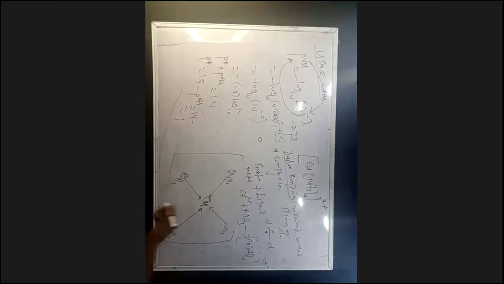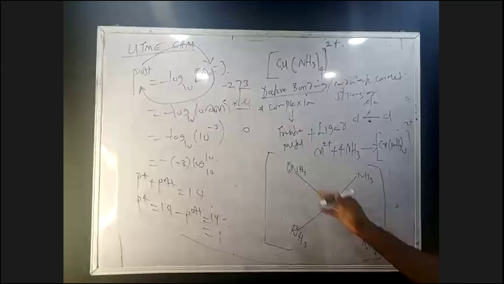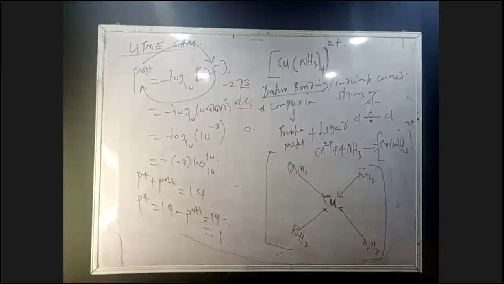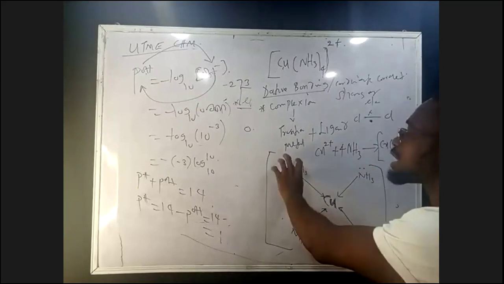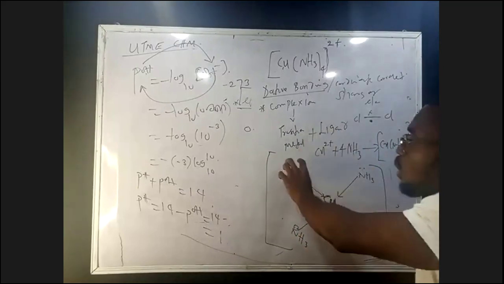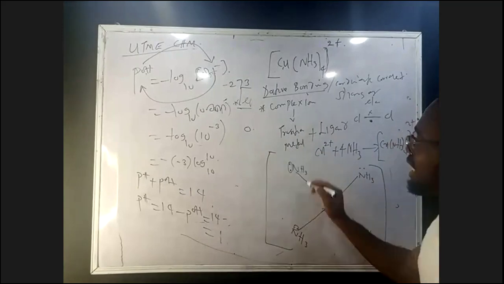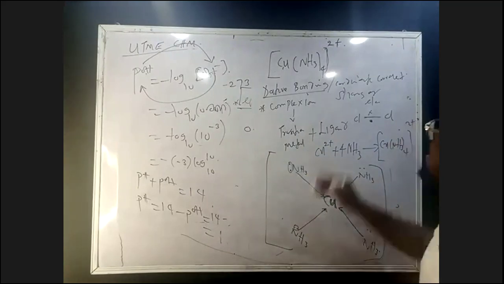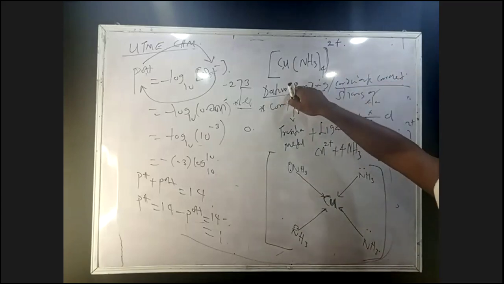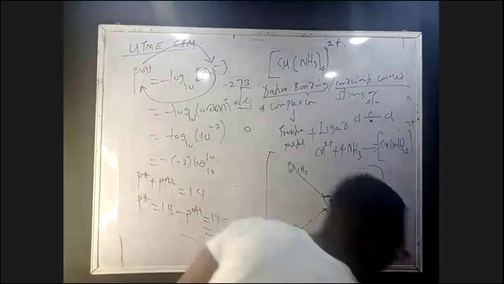So in that type of covalent bonding, where only one of the participating species is bringing the electron that is being shared, you call that coordinate covalent bonding, otherwise called dative bond.